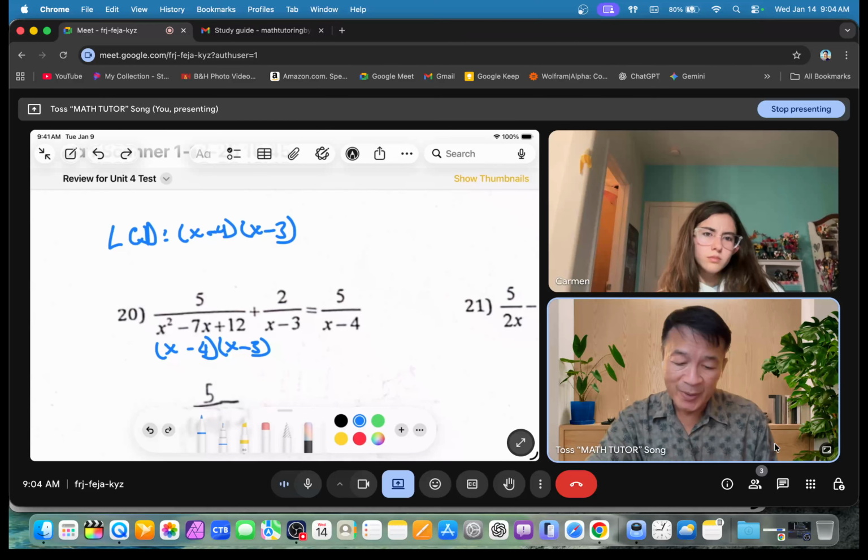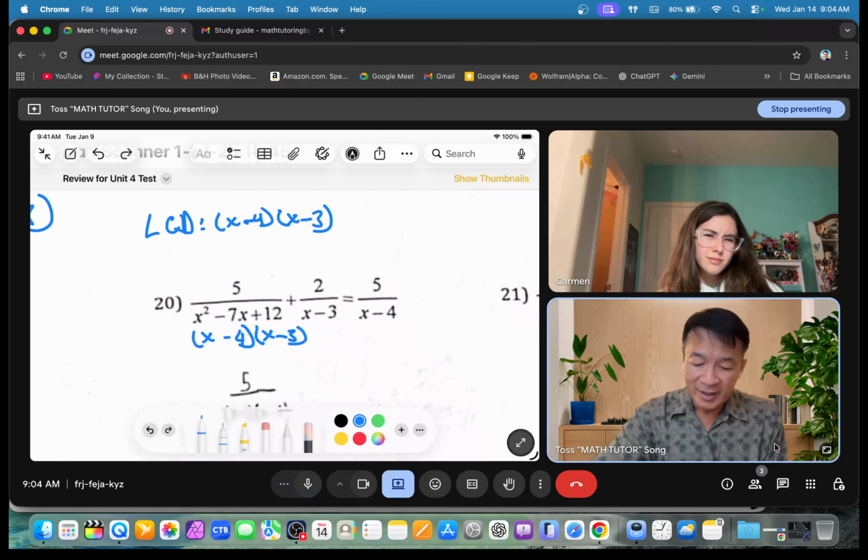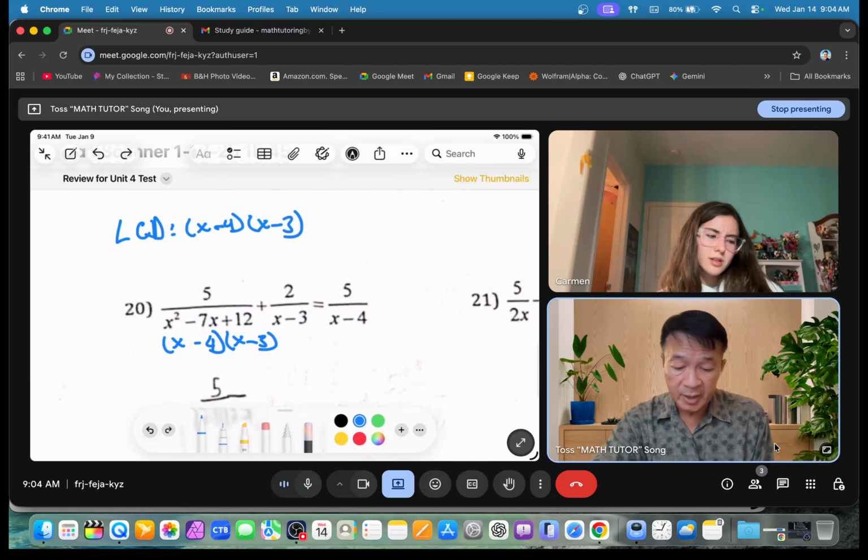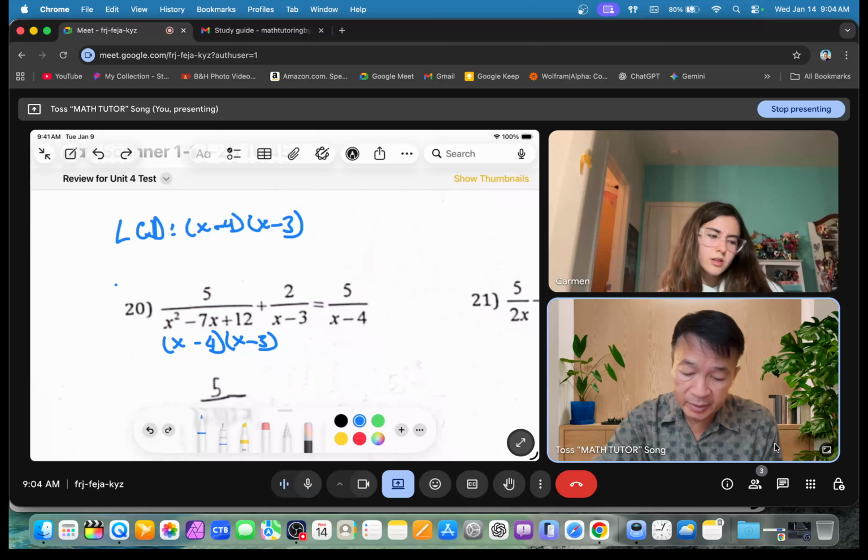And then what do you do from here? I don't know which method your teacher has taught you, but normally when doing all of this together, you will likely have to do it this way. Let me show it to you. You're going to multiply the left side and the right side by the LCD. It will look like this.